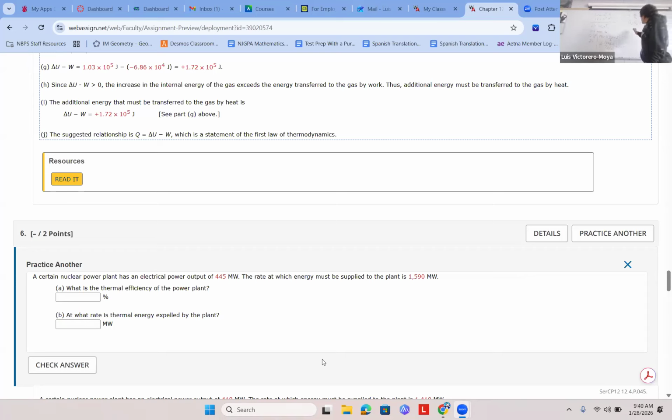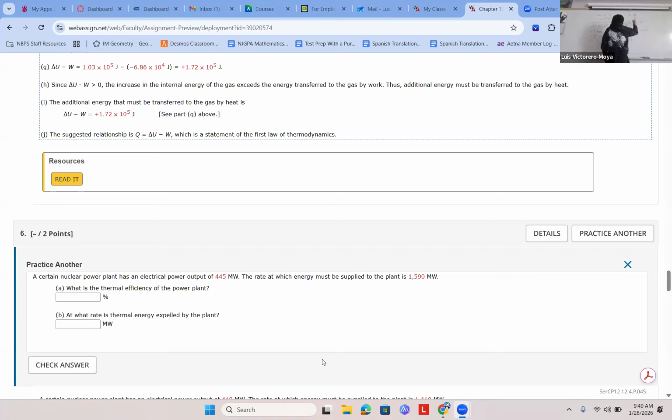So in that problem, the efficiency will be 445, and it's in megawatts, so you don't have to worry about changing units, over 1590 megawatts. 445 over 1590, about 28%. And multiply by 100, don't forget. What's the energy expelled?